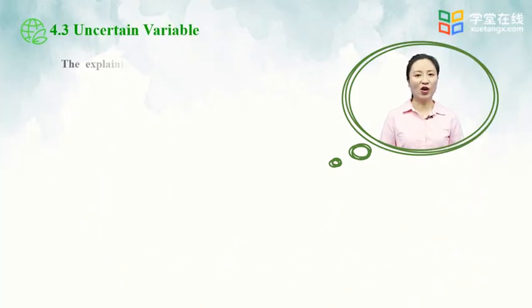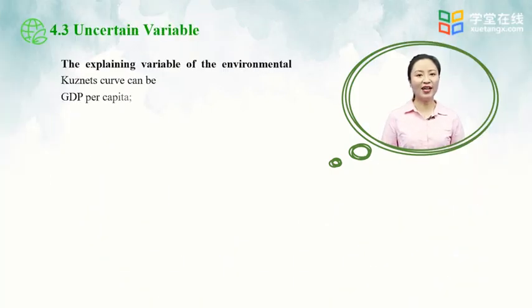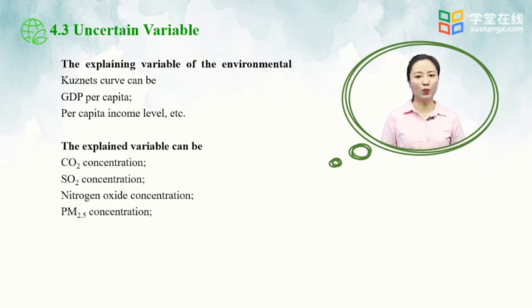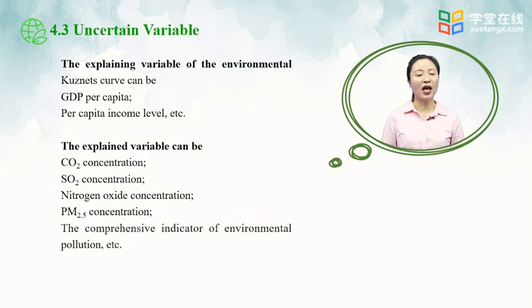For the third characteristic, it reflects the explaining variables and explained variables. In addition to per capita GDP, the explaining variables can use per capita income to reflect the socio-economic situation.